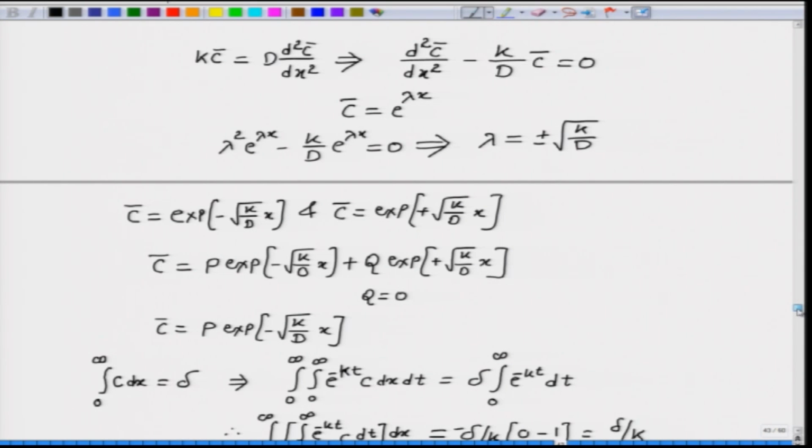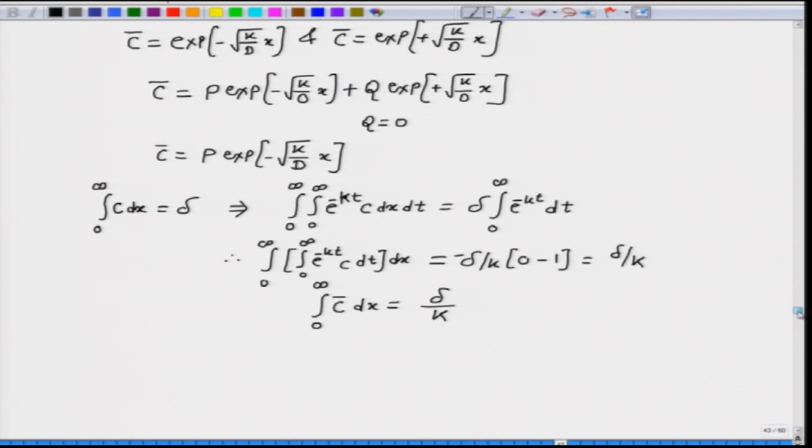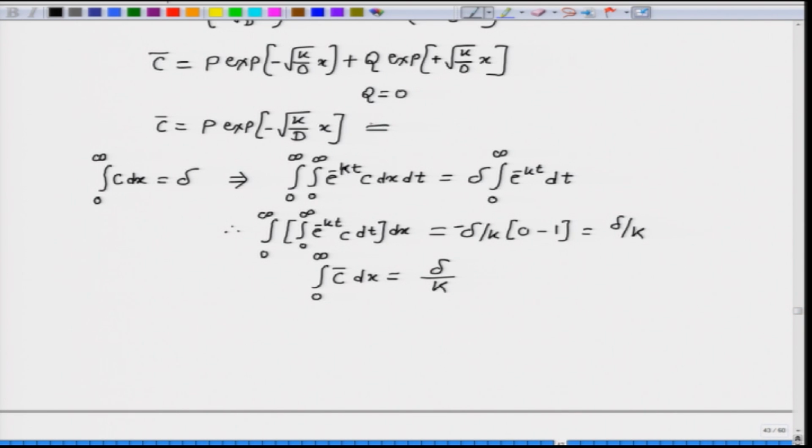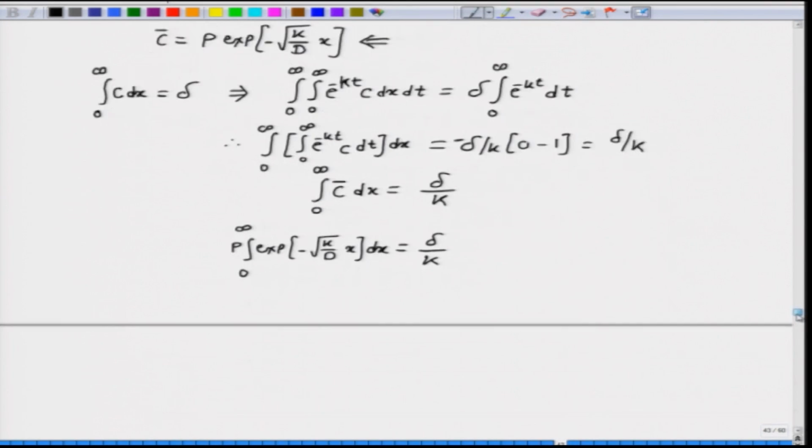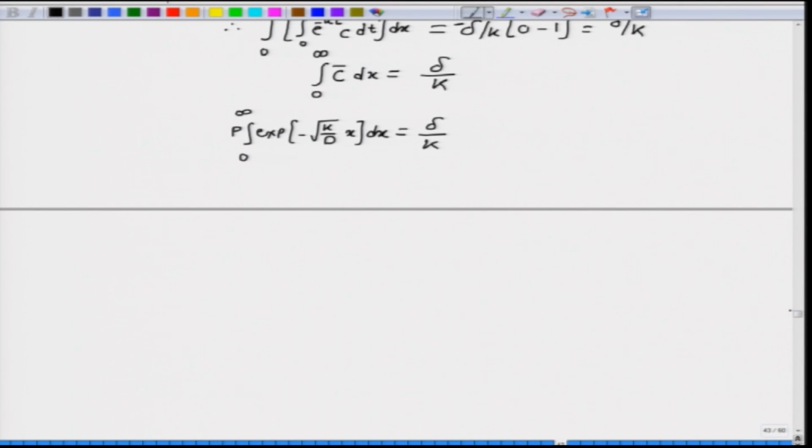Now, we know the equation for c bar. So, we substitute for c bar from here. So, integral 0 to infinity, p is a constant, let us take it outside, exponential minus root k by d x dx is equal to delta by k, and integral of exponential minus root k by d would be minus root d by k exponential minus root k by d x.